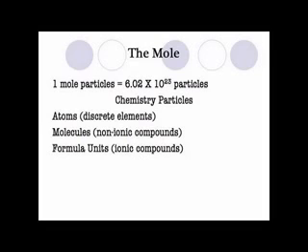Now, the particles in chemistry that we're concerned with are atoms, molecules, and formula units. Atoms of discrete elements, such as I have X number of iron atoms. Molecules are compounds that form from nonmetals, 2 or more nonmetals together, bonded covalently, and so those form molecules.